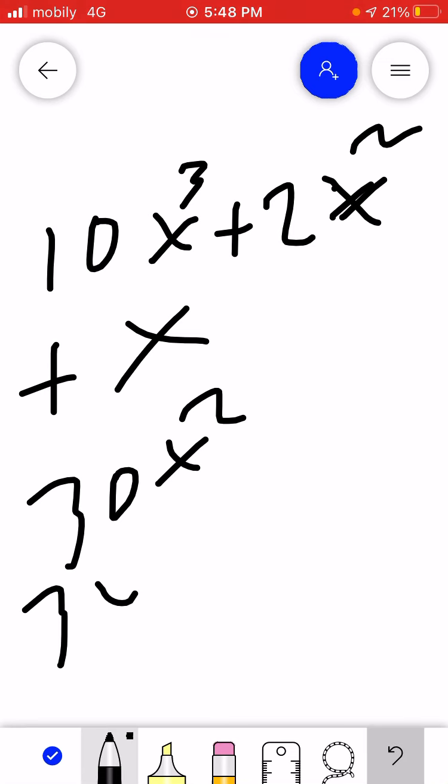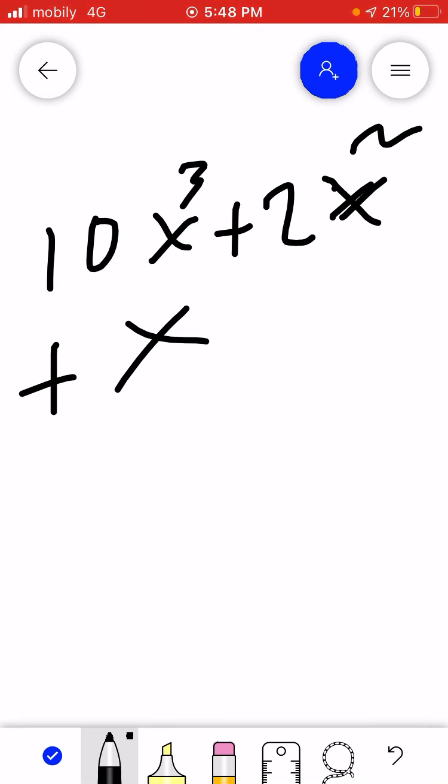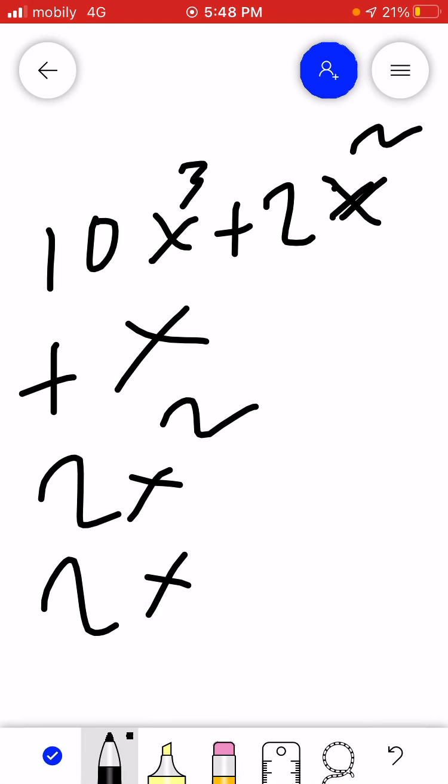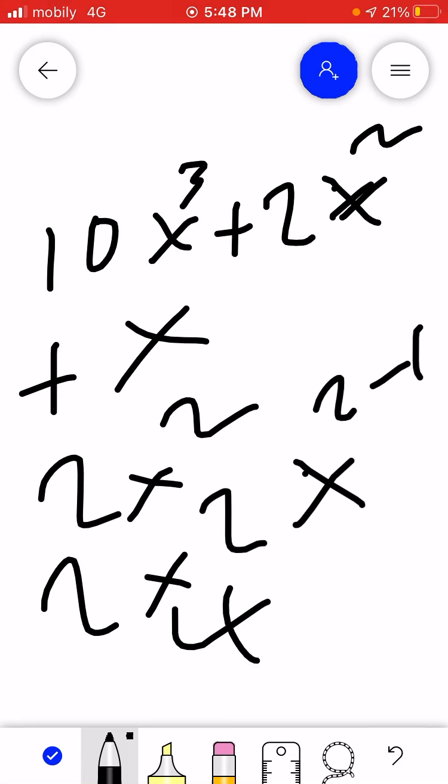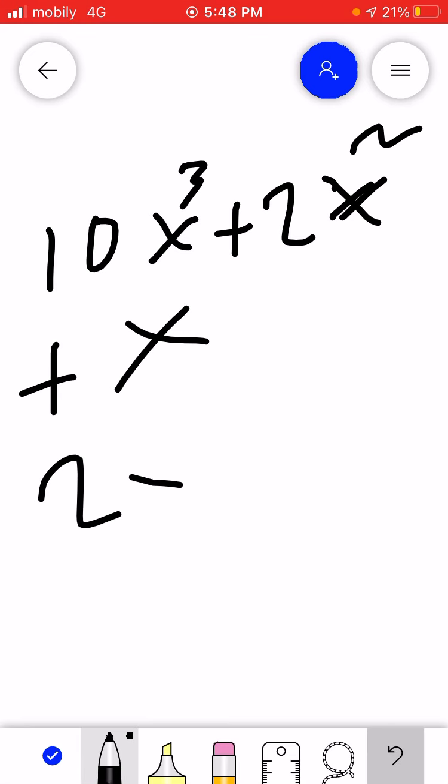What about finding the derivative of 2x squared? Well, we get 2 times 2, and then x to the 2 minus 1, so we get 4x alone. What about the x?